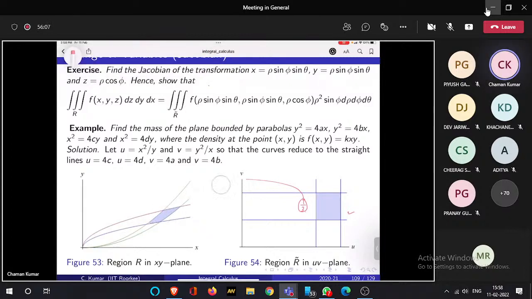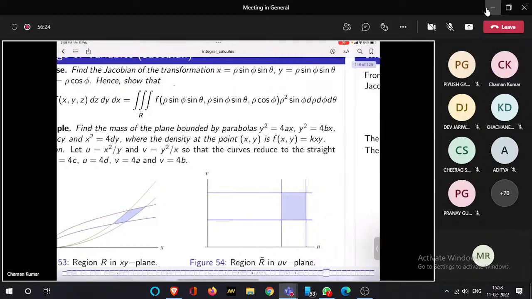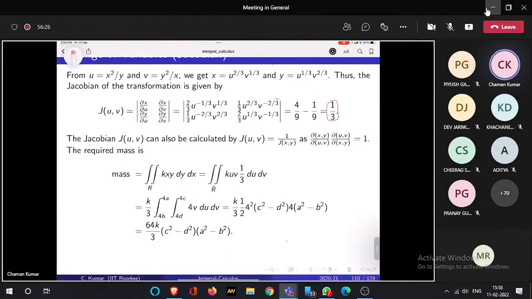So this is the purpose of the Jacobian. Now the Jacobian in this case comes out to be 1/3. It is not necessary that you will get a constant in all cases. It may also depend on the point (u,v) in the uv plane. Okay. So you get this as the Jacobian.